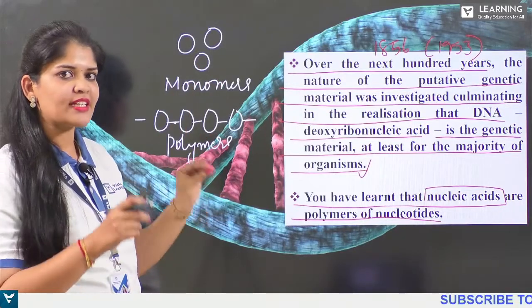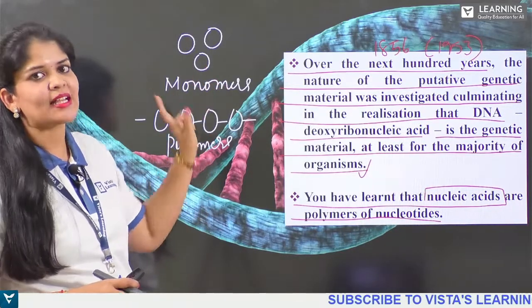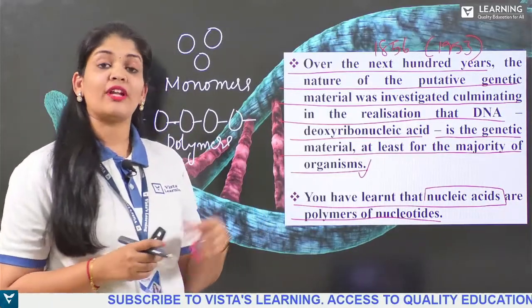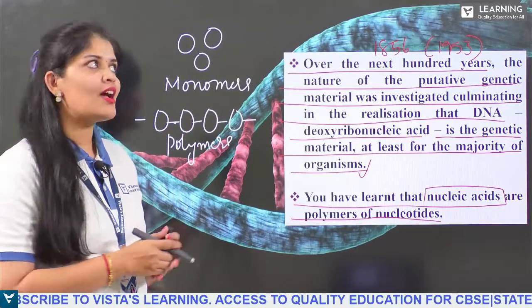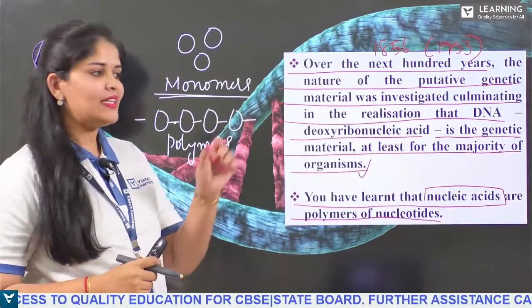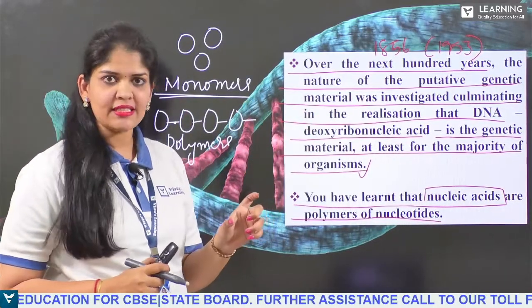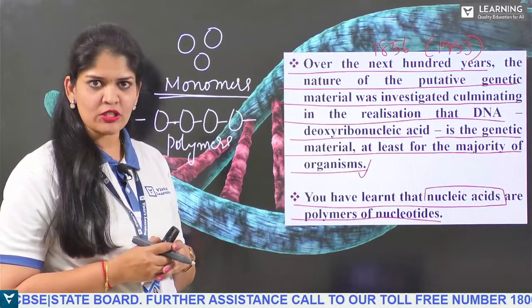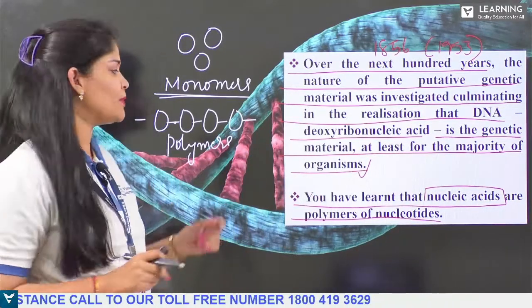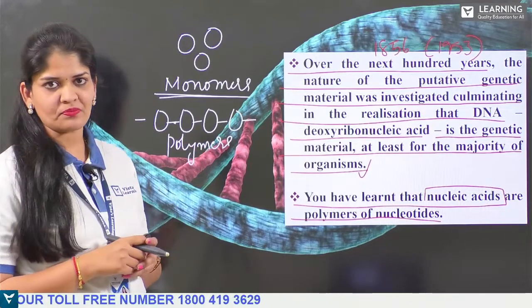If you take an example like protein, amino acids will be your monomers. Each amino acid combines by means of peptide bonds to form a complete protein, and that complete protein is your polymer.